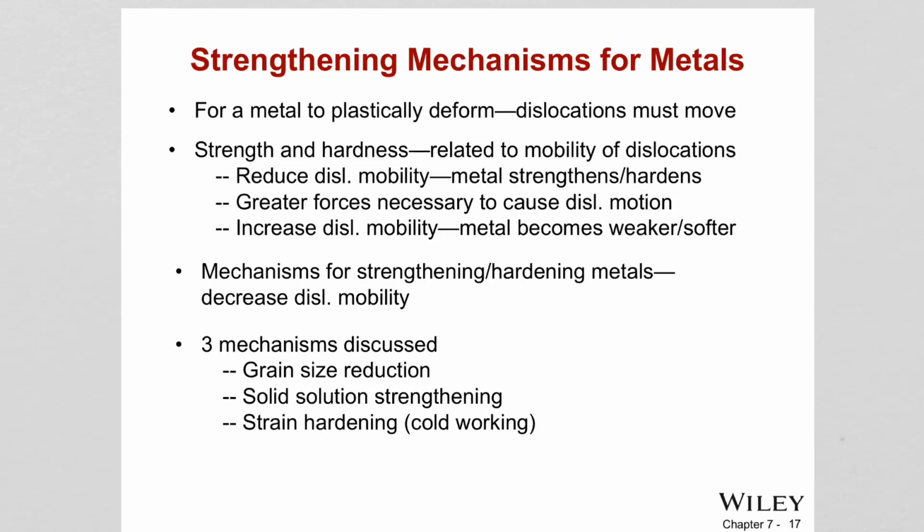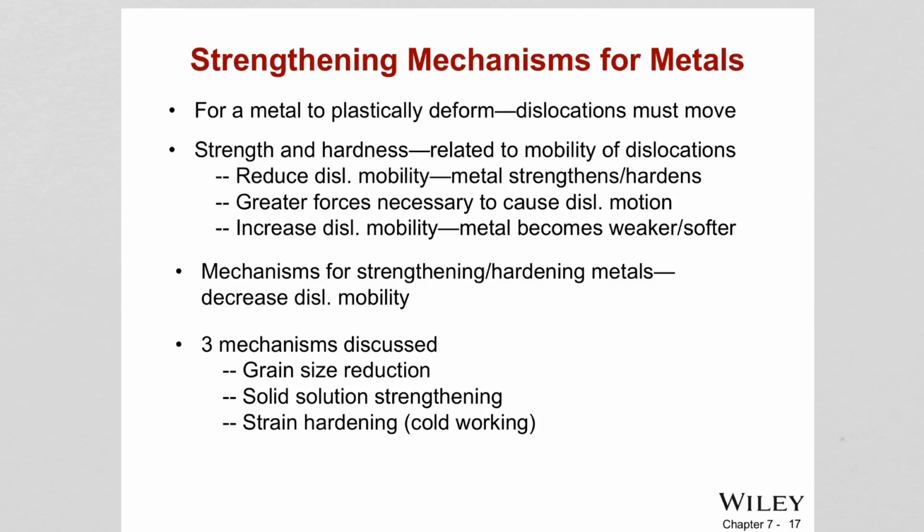Okay, so let's now look at strengthening mechanisms for metals. So we talked about that for a metal to deform plastically, the dislocations have to move, right? And what if I just stop their motion with some addition of obstacles in the structure?